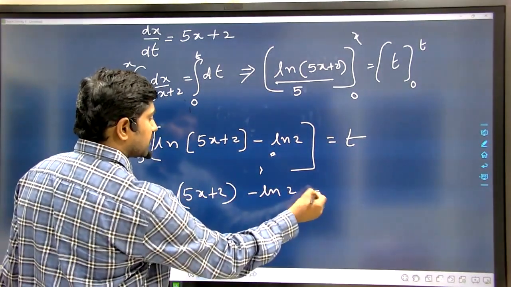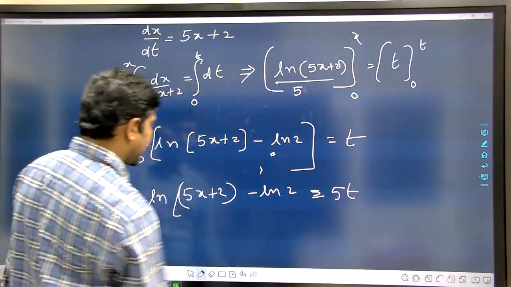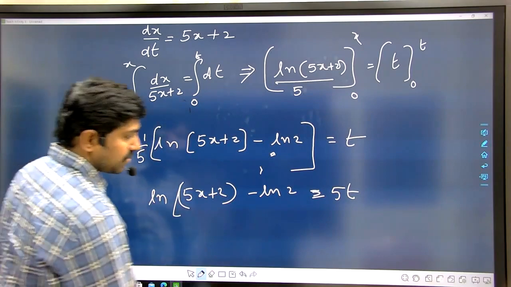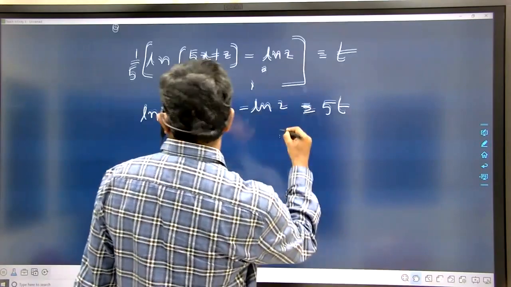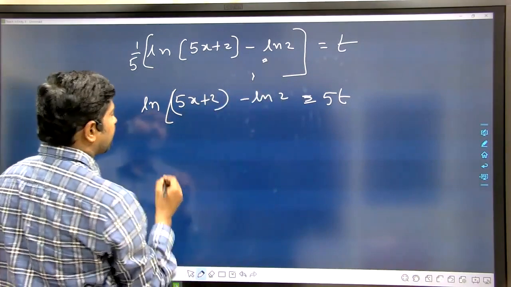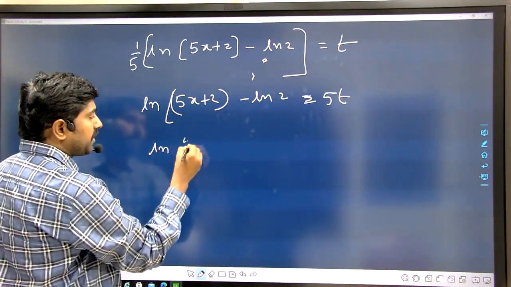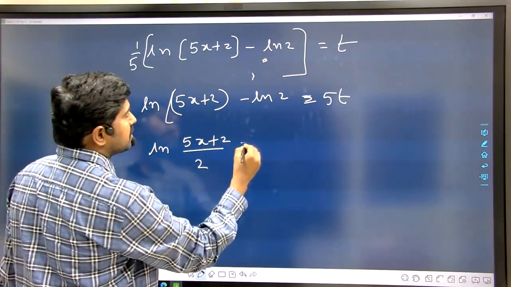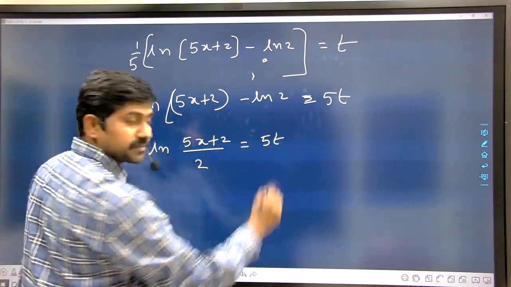This is equal to what we can write here, 5t. And finally, you have to write an equation for x only, na? So that I can just take here log a minus log b can be taken as log a by b. That is log 5x plus 2 by 2 is equal to 5t.